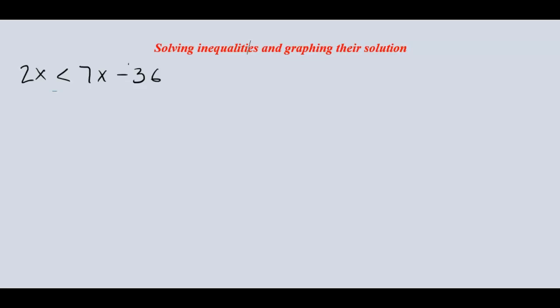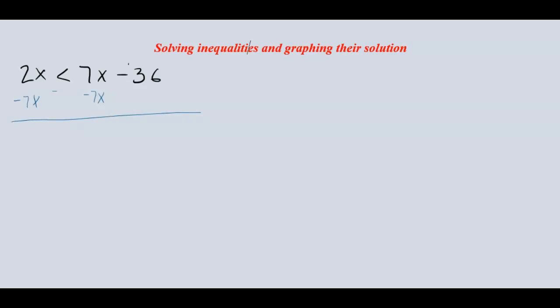So what we're gonna do, we're gonna subtract 7x on this side of the inequality, and also subtract 7x on this side of the inequality.